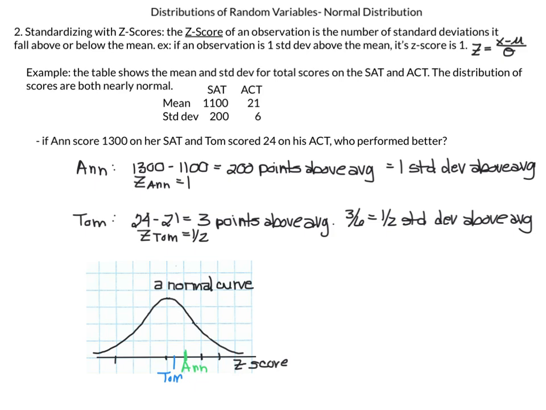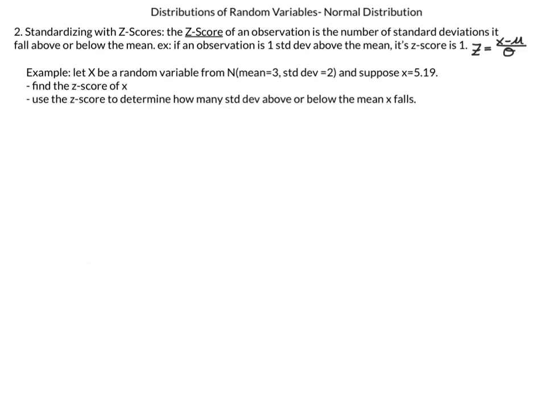But that's not the point right now. We can see Tom is half a standard deviation above the mean, whereas Anne is a full standard deviation above the mean. So Anne did better because here we've standardized their scores based on the mean and the standard deviation.